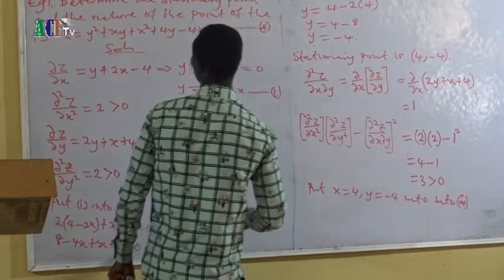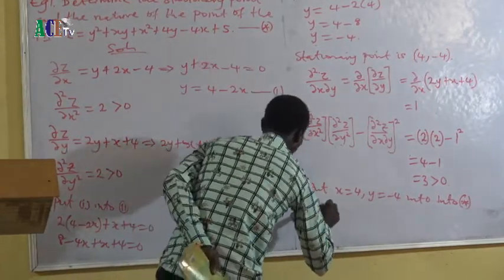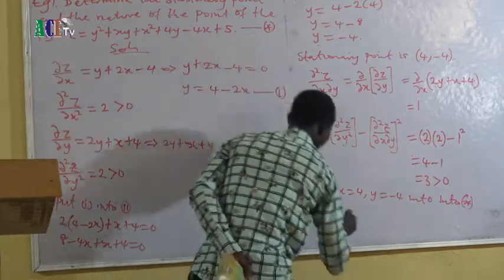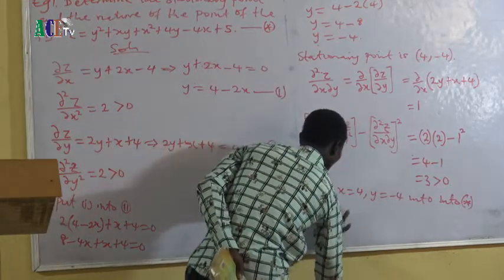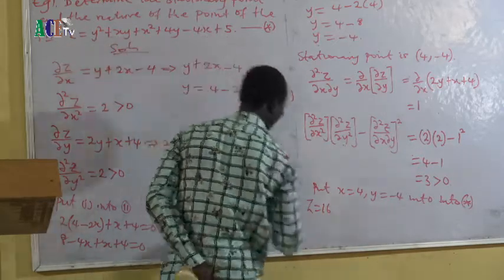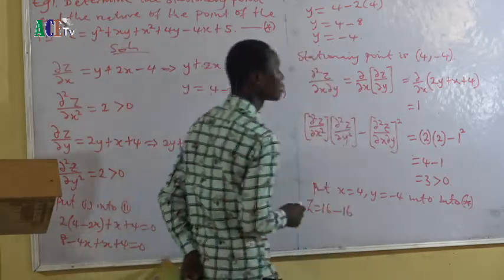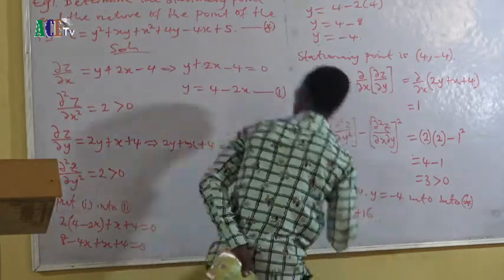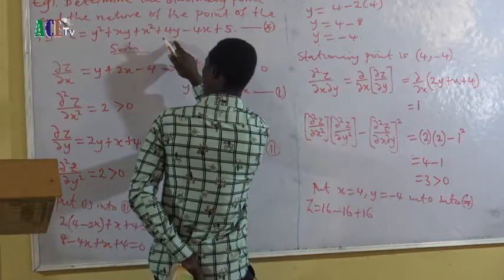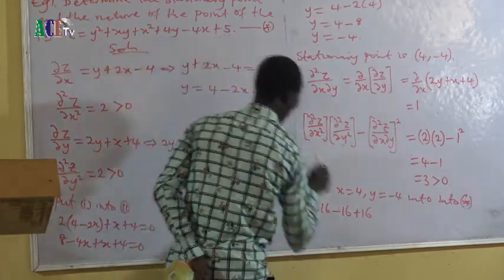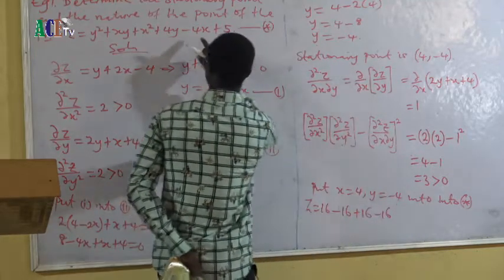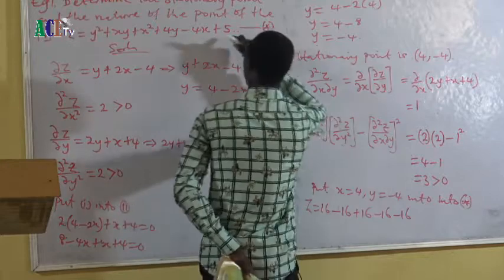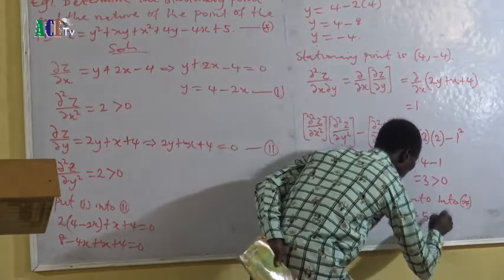If I put that one in, I will get z equal to 16 minus 4 squared plus my x is 4, my y is minus 4, minus 16, my x is 4 plus 16, my y is minus 4. If I multiply it by this, I will get 16. Here, my x is 4, I will get minus 16 and plus 5.